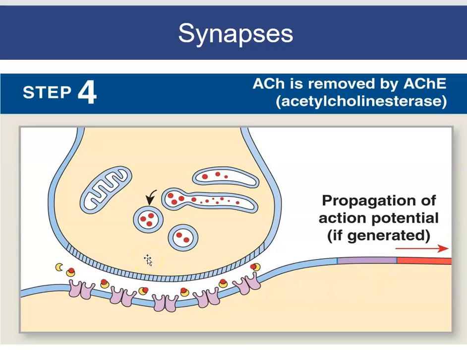The last step, acetylcholine will be removed by acetylcholine esterase. The effects on the membrane are only temporary due to this enzyme. Most of the acetylcholine is broken down actually before it can even reach the postsynaptic membrane.